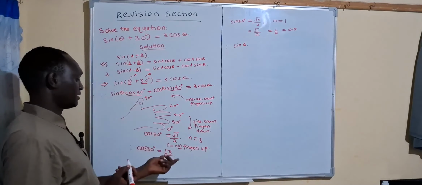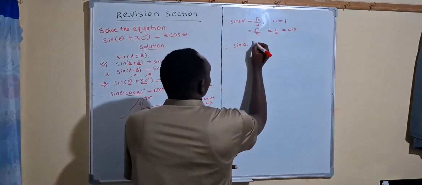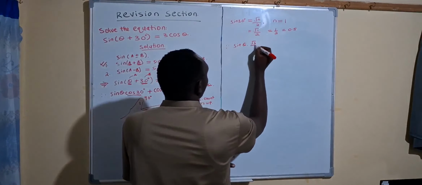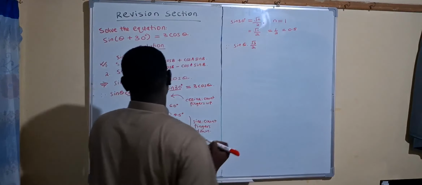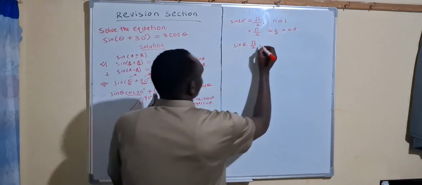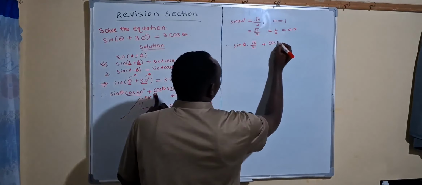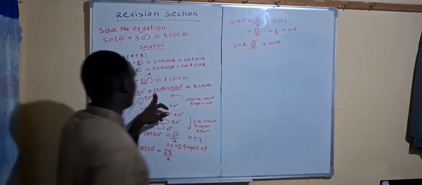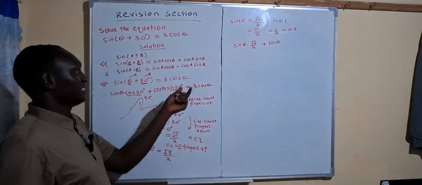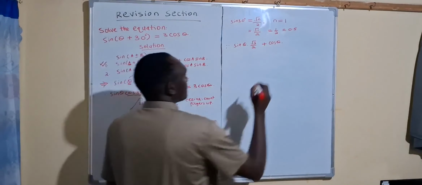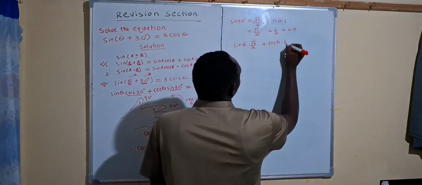But what is cos of 30? Cos of 30 is root of 3 out of 2. Plus cos of theta times sine of 30. Sine of 30 is a half.